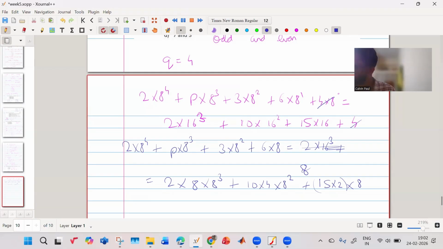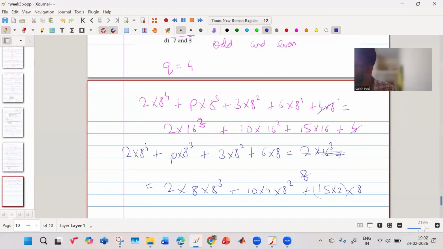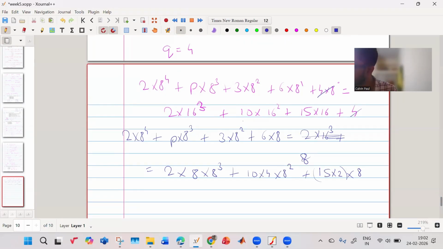I'm just trying to make it easier. So that means 2 into 8 to the power 4 plus P into 8 cube plus 3 into 8 square plus 6 into 8 is equal to 2 into 8 to the power 4 plus 40 into 8 square plus 30 into 8.